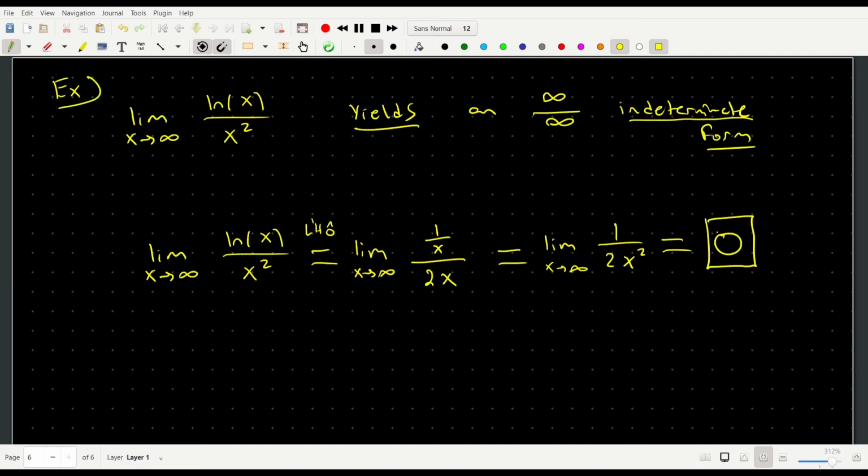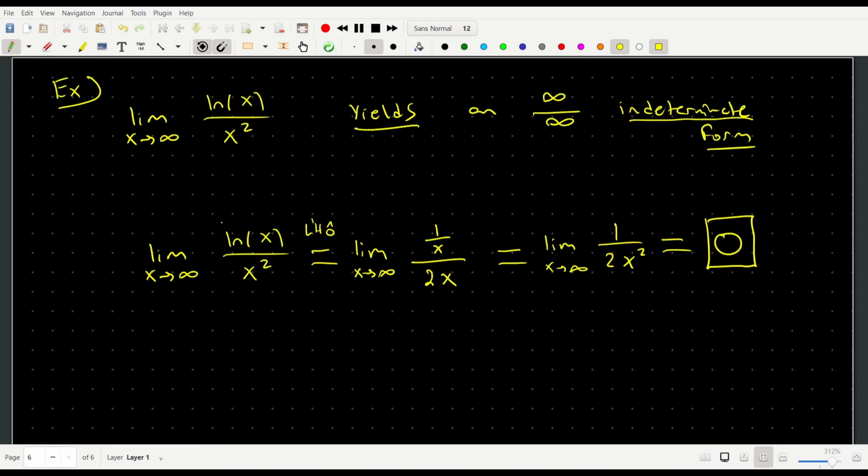And we can actually use this to directly say then the natural log function grows to infinity at a slower rate than the function x squared. X squared is dominating the natural log function. It grows faster than the natural log function. And this is a nice way of interpreting problems like this, right?